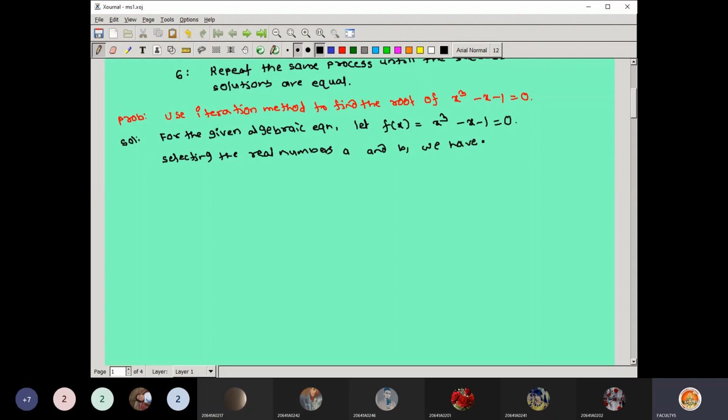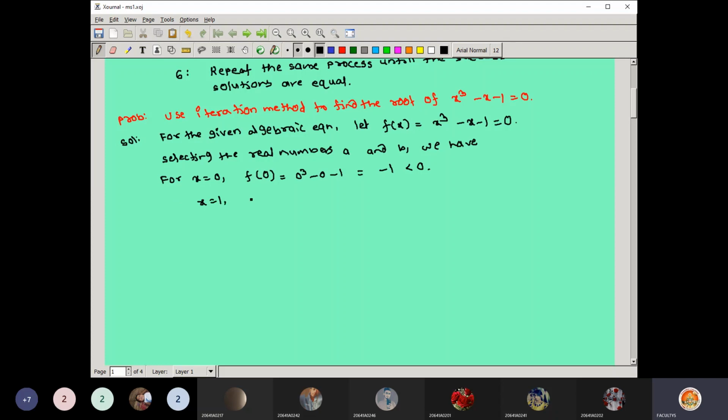In order to select the real numbers, start with x equal to 0. So f of 0 equals 0 cube minus 0 minus 1, so finally you are getting minus 1, that is less than 0.